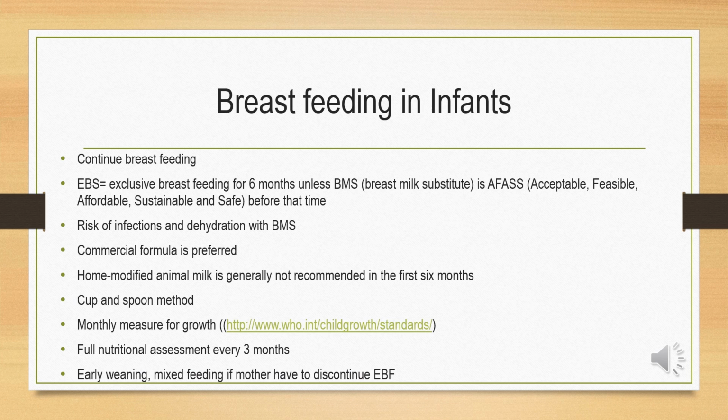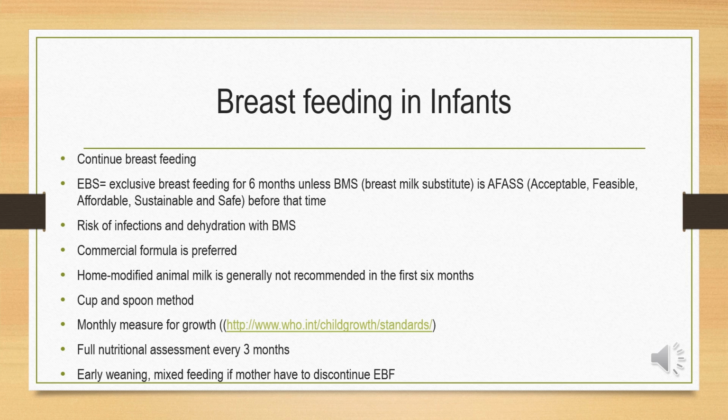For those who are suffering from HIV, we have two options for feeding. Number one is exclusive breastfeeding, and number two is breast milk substitute. Exclusive breastfeeding is preferred and encouraged, especially during the initial 6 months, unless the breast milk substitute is acceptable, feasible, affordable, sustainable, and safe. Only then should the child be shifted to breast milk substitute.